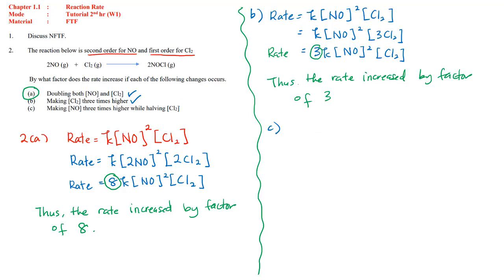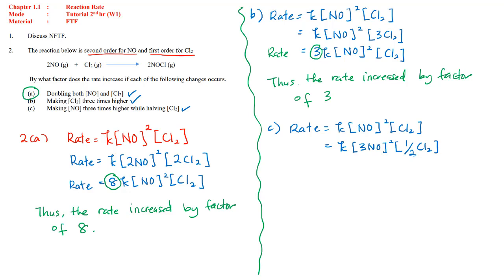Question C. Making concentration of NO 3 times higher while halving concentration of chlorine gas. Okay, dalam soalan sini dia kata concentration NO increase 3 times higher while the concentration of chlorine is half.